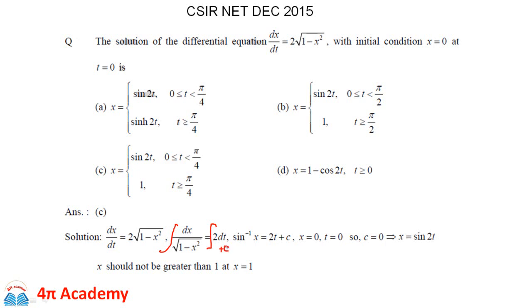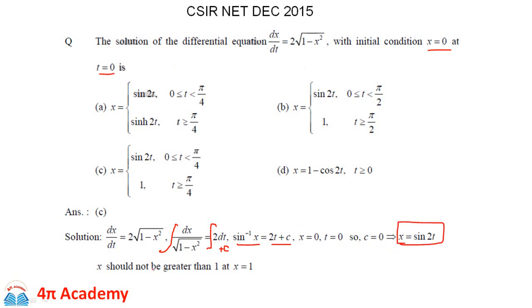So this is our next step, and integration of this is nothing but sine inverse of x for the left hand side, and on the right hand side it will be 2t plus c, adding the arbitrary constant. Now our condition is x is equal to 0 at t is equal to 0, and therefore c will be equal to 0, so the final solution will be x is equal to sine of 2t.